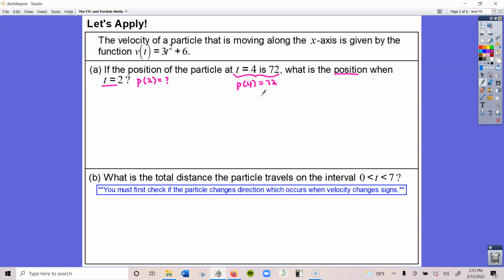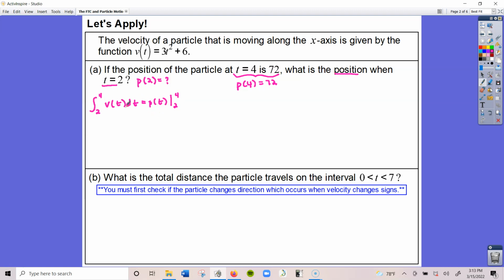So we're going to set up an integral that will allow me to find these function values. So my integral from 2 to 4, because those are the t values that I have, of v of t is going to equal p of t evaluated from 2 to 4.